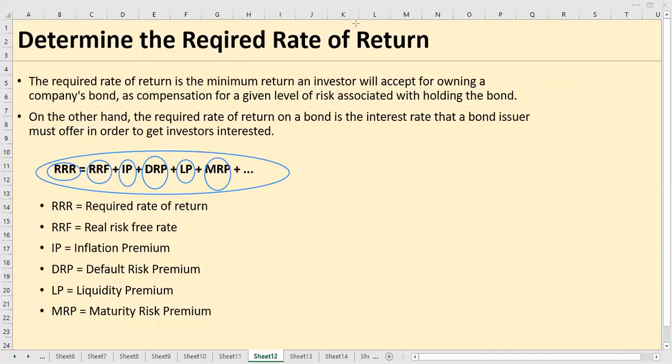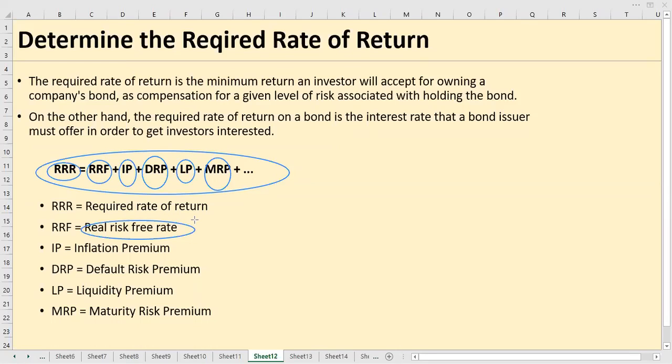Now, normally in a country we can get the real risk-free rate from the 3-month treasury bill, because with a 3-month treasury bill we don't have that much of an inflation premium, since it is only 3 months.